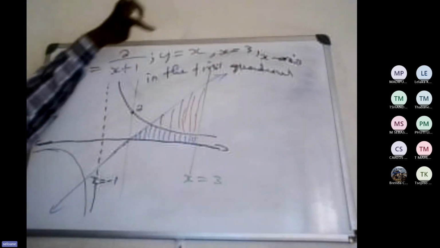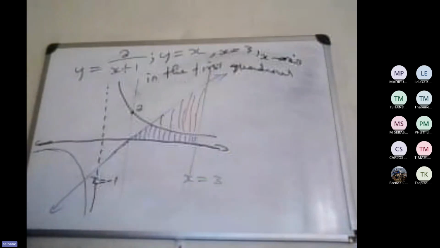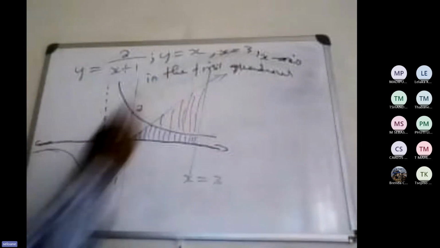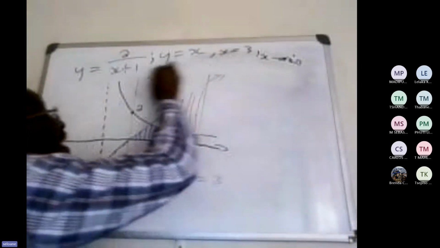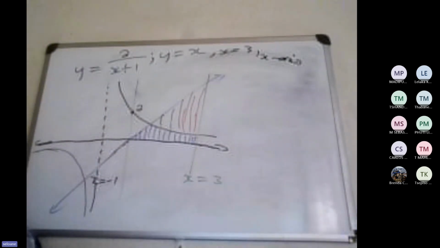This must be a boundary, this must be a boundary, this must be a boundary, this one must be a boundary. So definitely it must be in the first quadrant. Therefore, we can even take this statement out because it doesn't add anything. Maybe just a hint to say it's in the first quadrant.